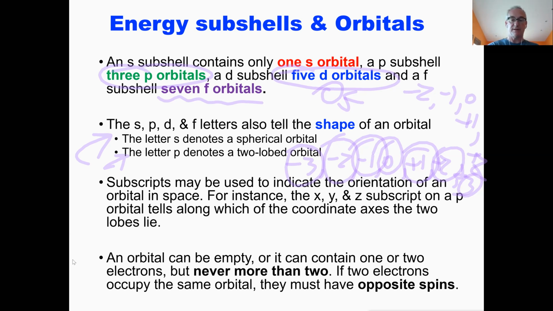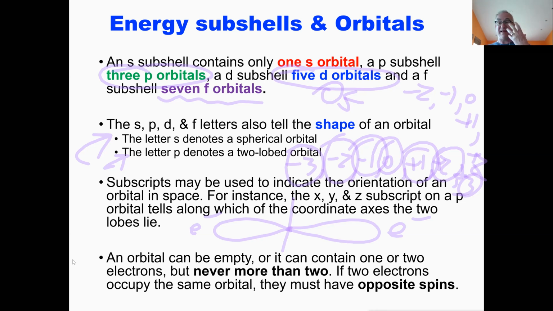Basically, it looks like this, where the electron can be here or here along an axis. Now, I'll show you what these look like. P orbitals look pretty cool. And our next section is going to be bonding. The shape of the p orbital describes very well how we form double bonds. And so we'll get into that as well.